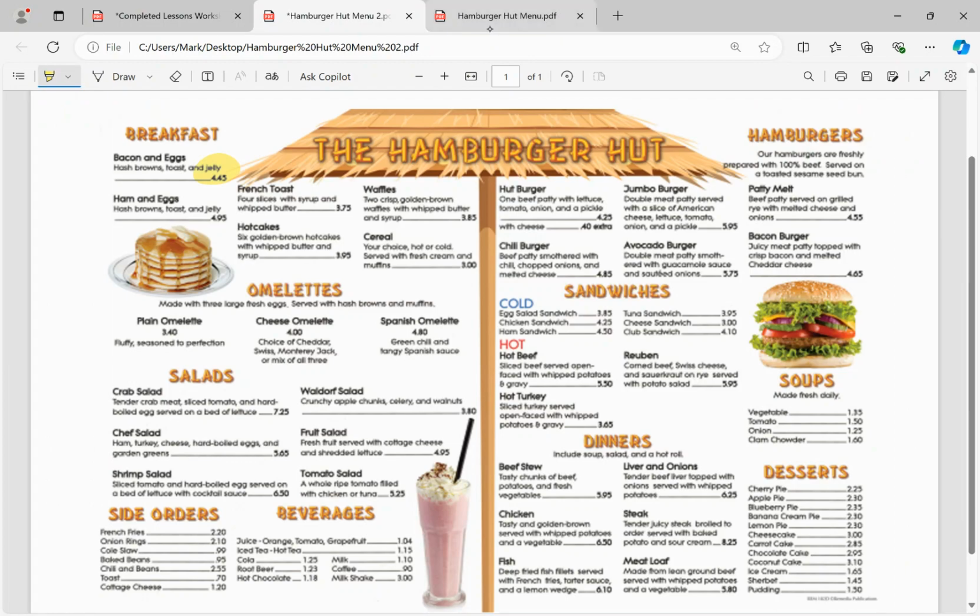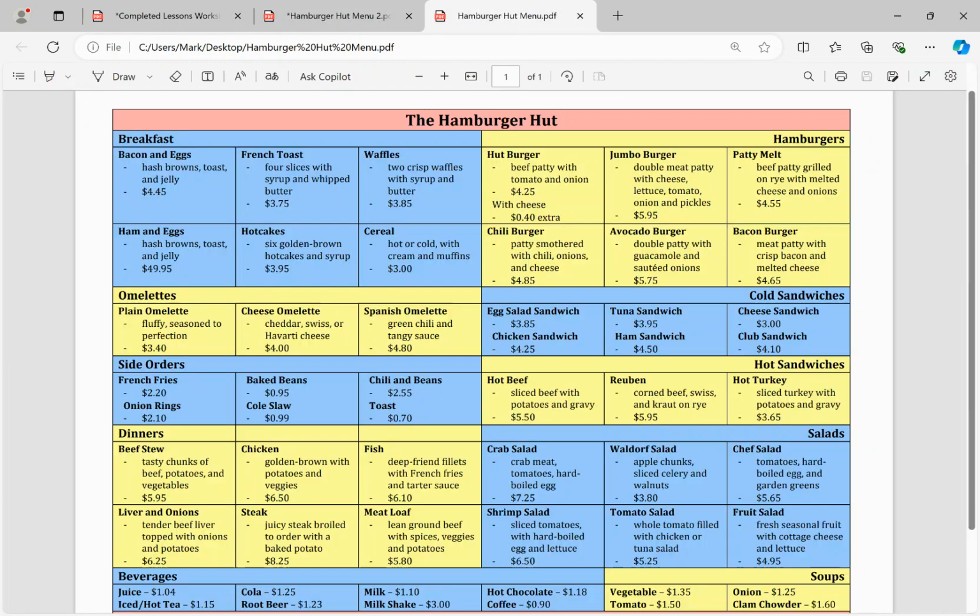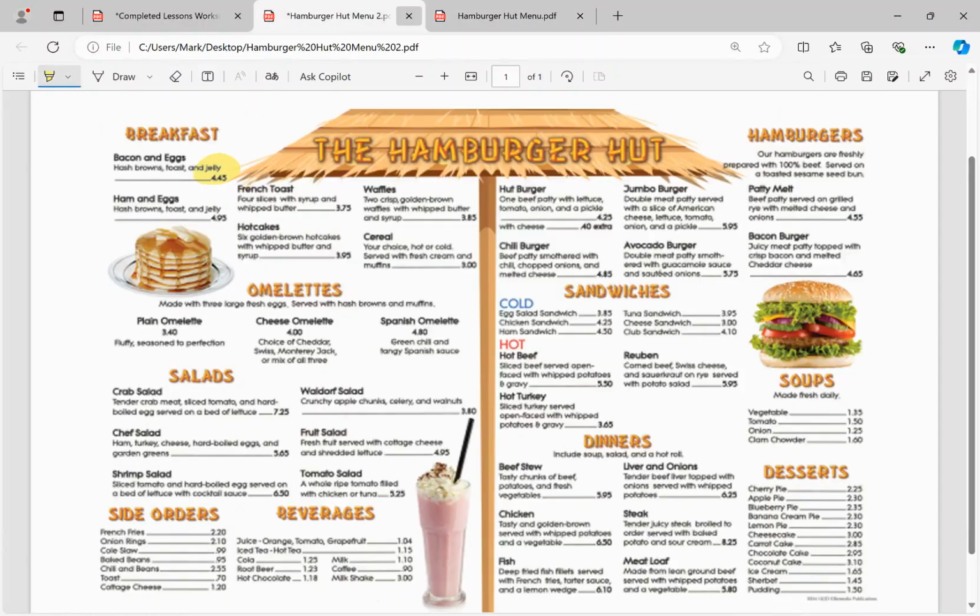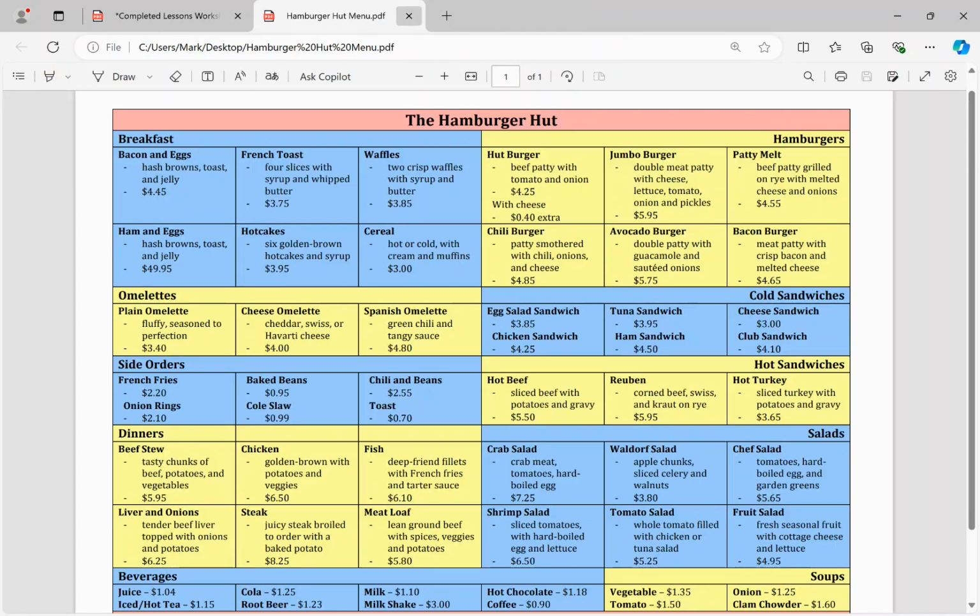So if you want something that is a little bit more readable, you might want to use this grid, this chart that I provided. But they're the same. Just choose whichever one you prefer, okay? For this lesson, I will be using the second Hamburger Hut, which is in its own chart. So I'm going to take this off our screen.